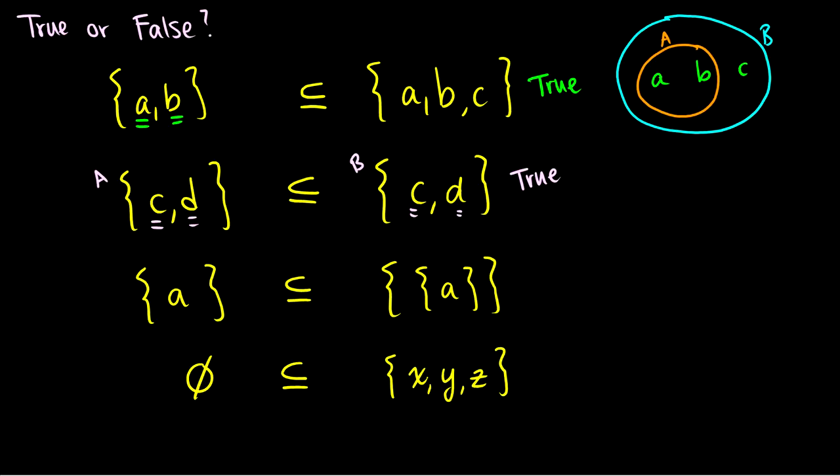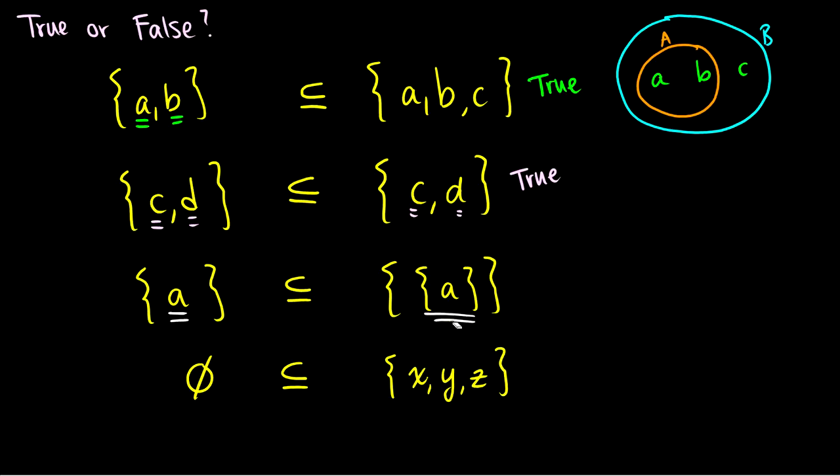Now, what about the next one? Well, the next one, I'm asking, is the set containing A a subset of the set containing the set containing A? That was a very difficult sentence to say. Essentially what I'm asking, is this element A in our second set?